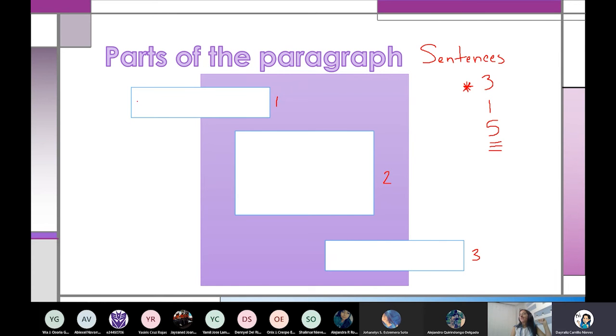The first part of the paragraph, the first sentence, is called the topic sentence. Unlike in an essay, the purpose of this sentence is to serve as an introduction. We are introducing the reader to the main idea.